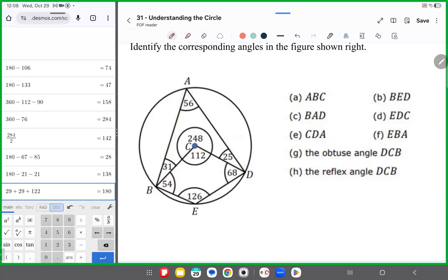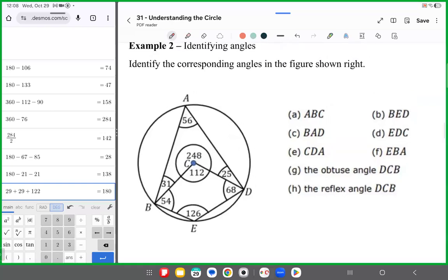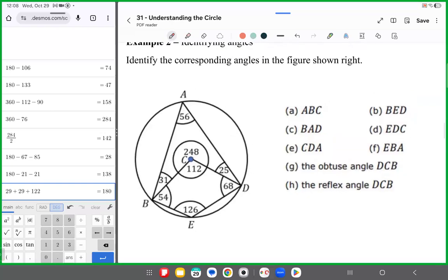And all we're going to do here is talk about what each of these angles are. So if I want angle ABC, that's going to be 31. What about BED? That appears to be 126.